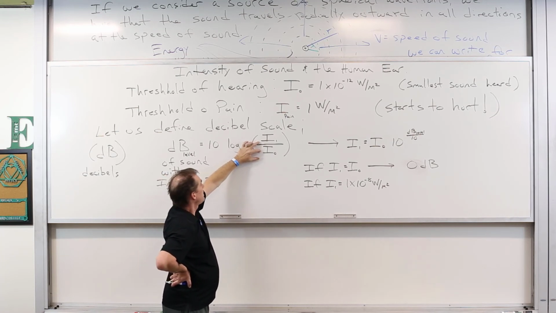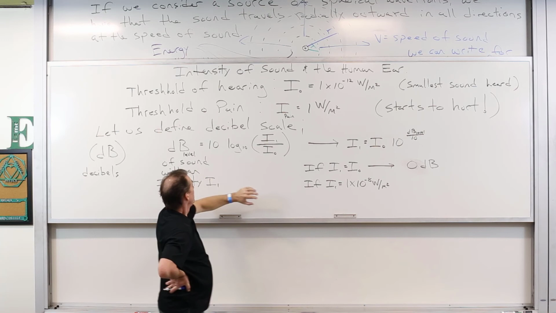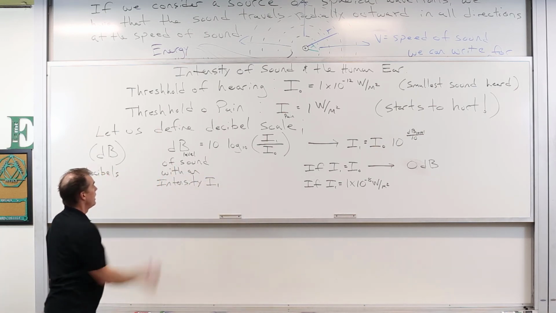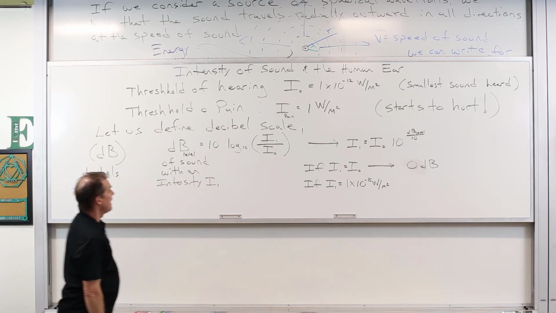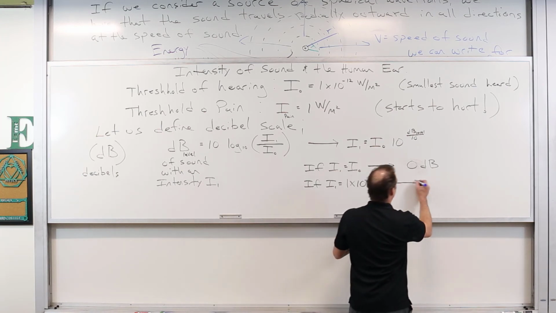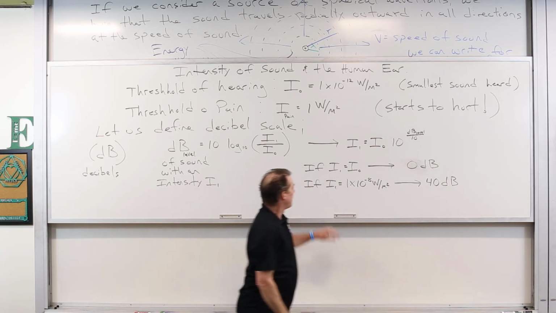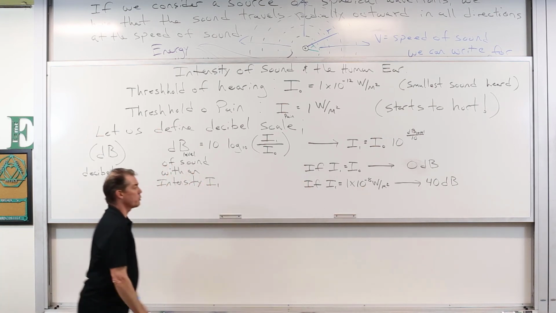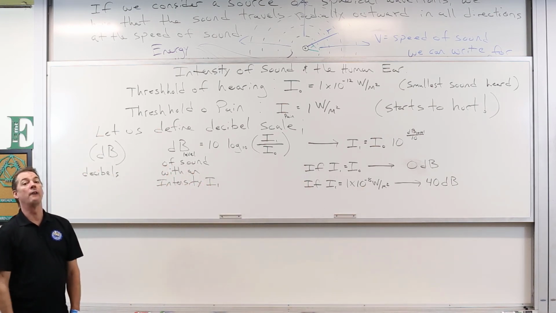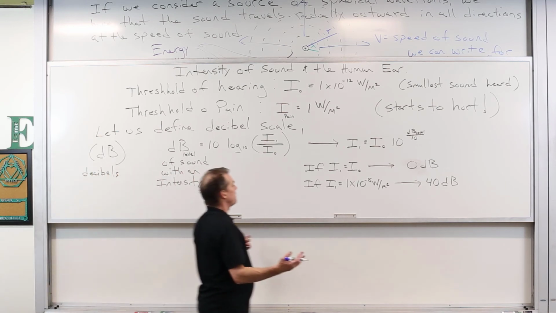That's right. So we take this 1 times 10 to the 4th, take the log base 10 of it, and multiply it by 10, and what do we get? 40 decibels. The intensity of 1 times 10 to the -8 watts per meter squared correlates with the decibel level of 40 dB.